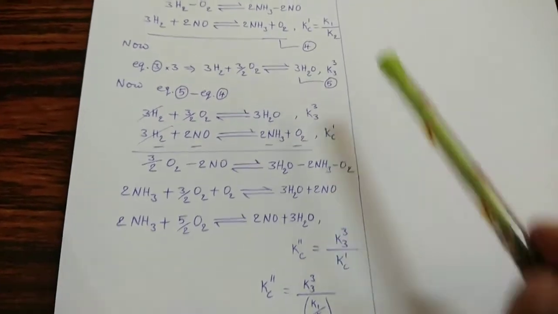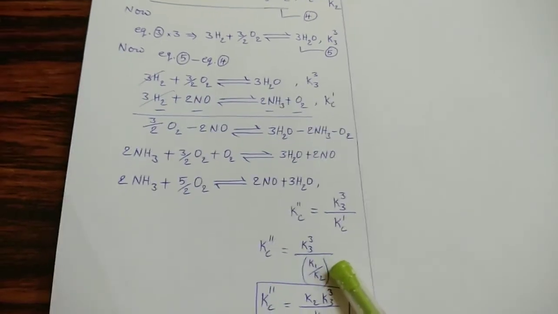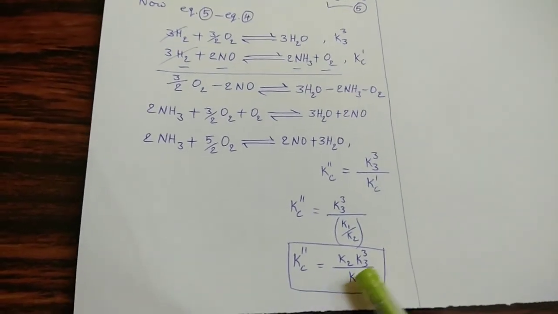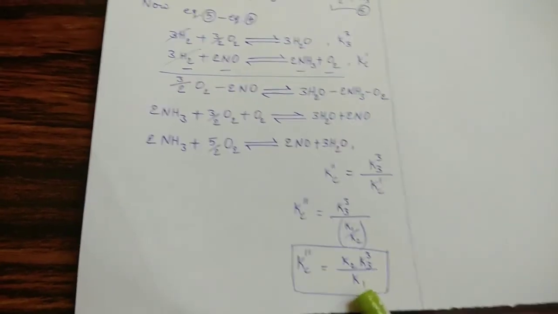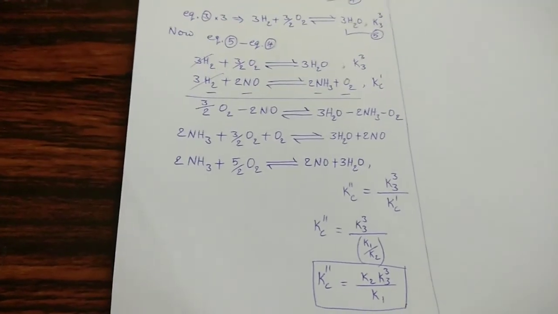Kc prime means what? This one, K1 by K2. So substitute here, and finally we get Kc double prime equal to K2 into K3 power 3 by K1. So what is the option? Option D is the answer. Practice well. We'll meet in the next class.